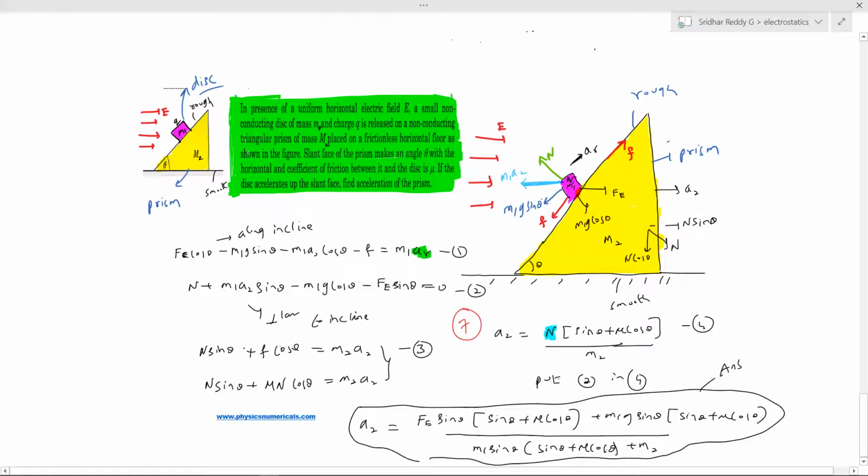The disk is moving up the incline relative to the prism, so this will be AR. The friction will act down the incline. As it is a positive charge, the electrostatic force will be Fe, and there is the normal contact force. I'm discussing the motion of the disk with respect to the prism, so therefore there is a pseudo force.